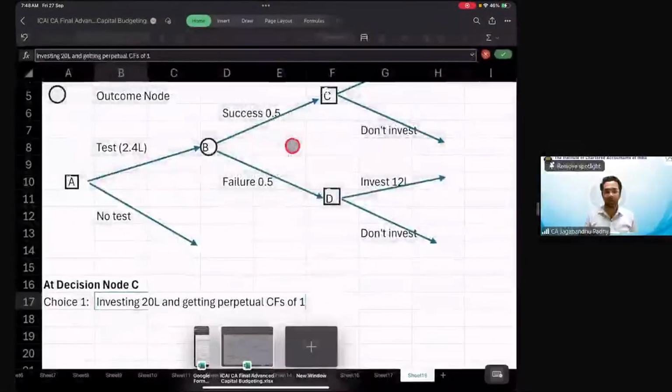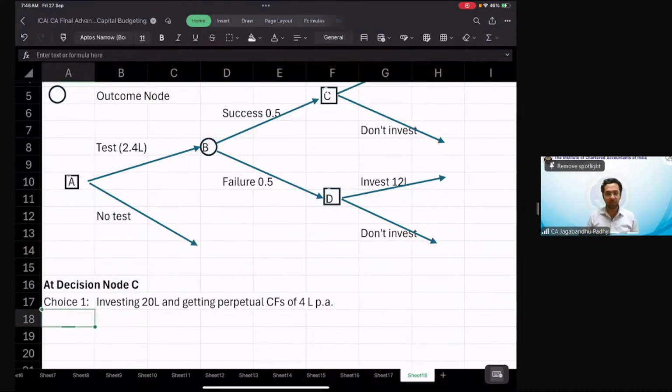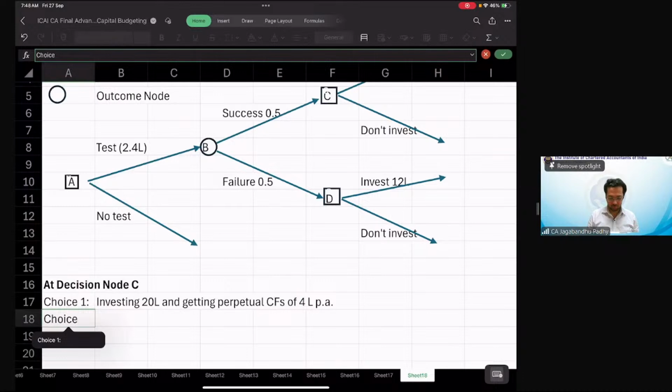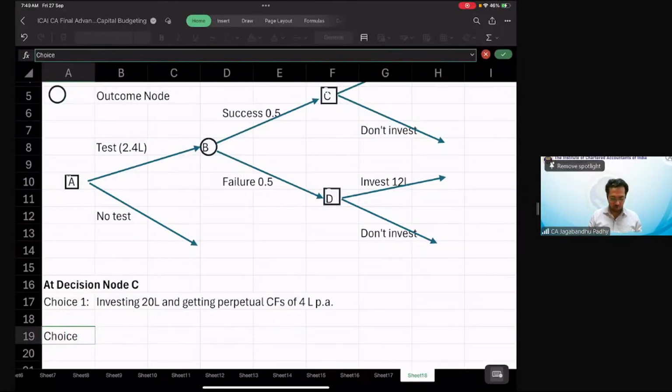Yeah, 4 lakh per annum. Okay. And of course, choice 2 is doing nothing, right? Not to invest. Now, can you tell me, will you make a choice of 1 or 2?